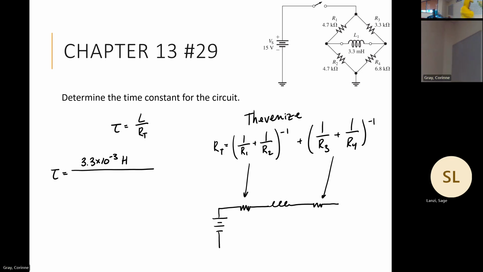If we have the ideal wire situation, then in series, so RT is going to be this: 1 over 4.7 times 10 to the 3 plus 1 over 4.7 times 10 to the 3, inversed, plus 1 over 3.8 times 10 to the 3 plus 1 over 6.8 times 10 to the 3, to the -1.